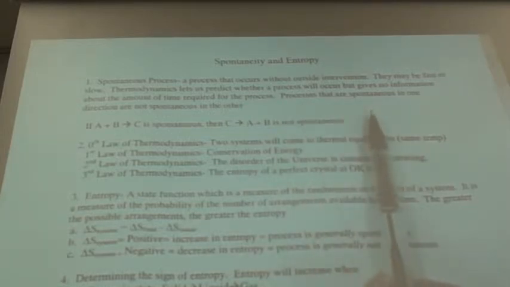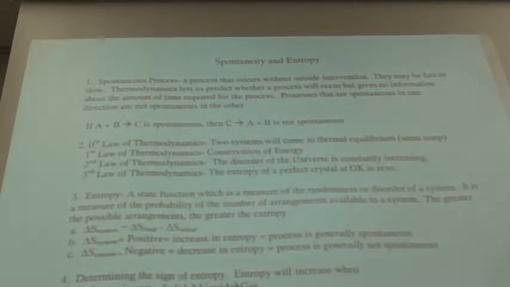So here is a process that we're talking about. Both of these things are spontaneous, but the rates are far different. The combustion of pentane happens very rapidly. You add the activation energy and boom, it goes. Now the process of a diamond being changed to graphite is also a spontaneous process. So when they say a diamond lasts forever, they're lying.